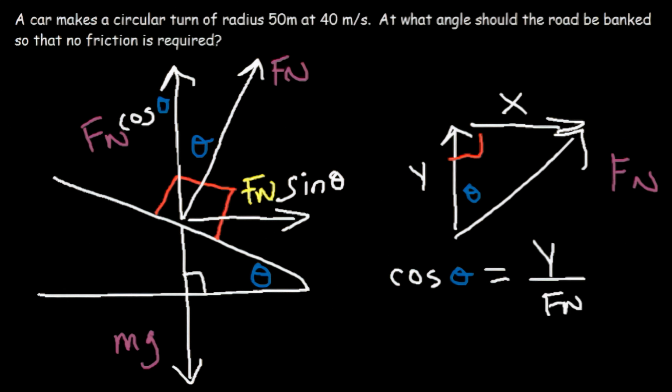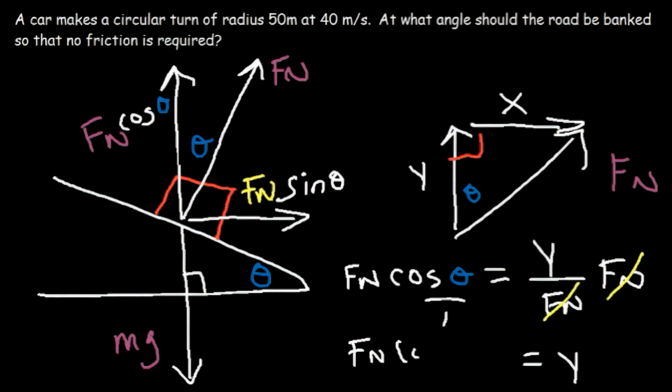So if you solve for y, you need to multiply both sides by the normal force. So as you can see, y is equal to Fn cosine theta. So this is equal to Fn cosine theta.